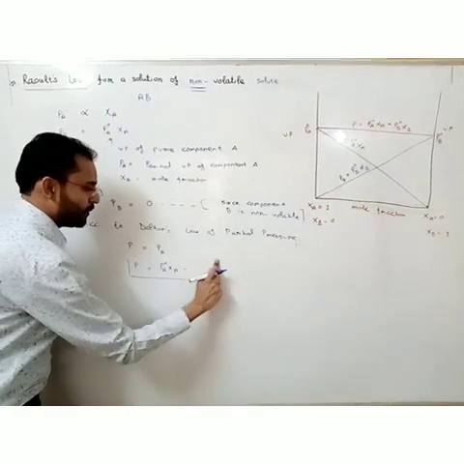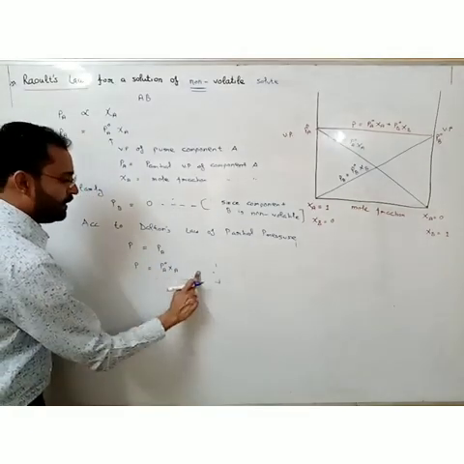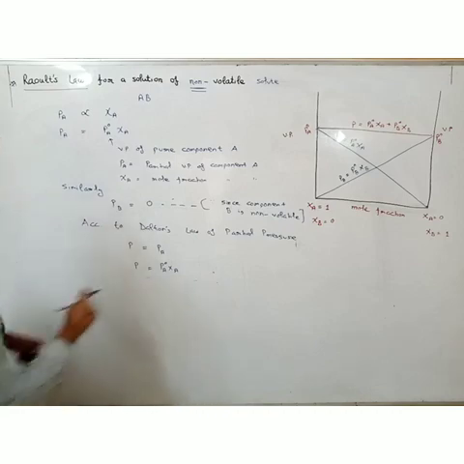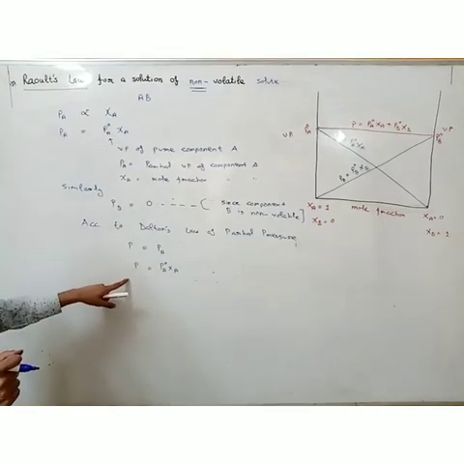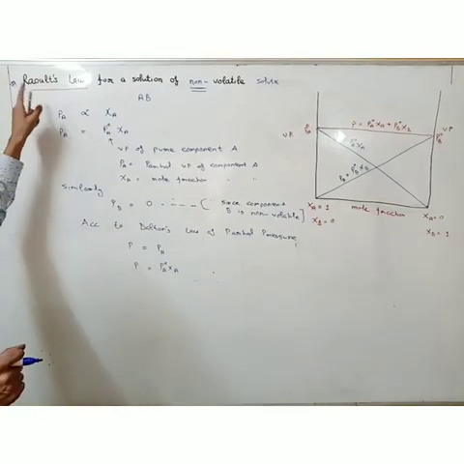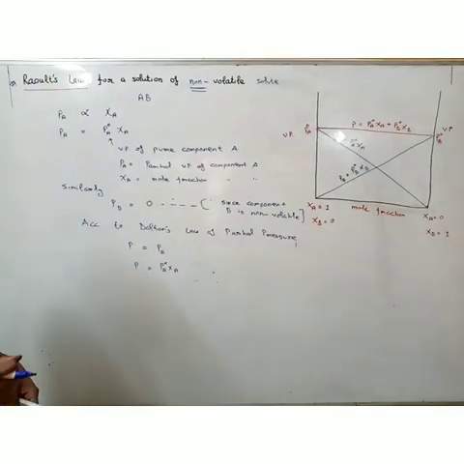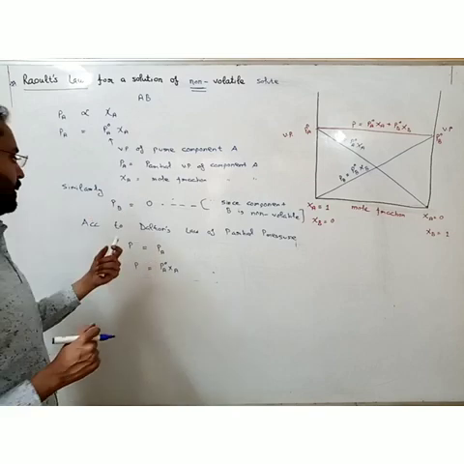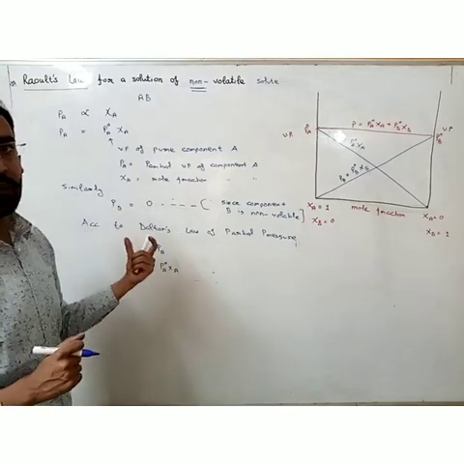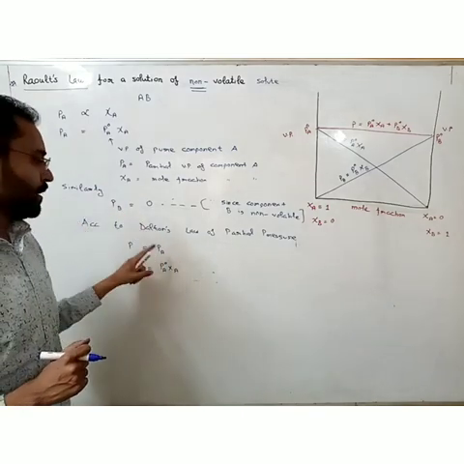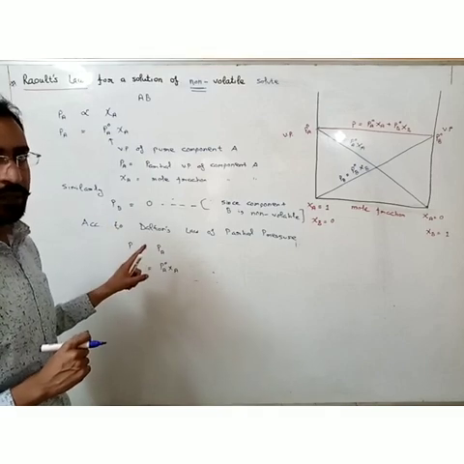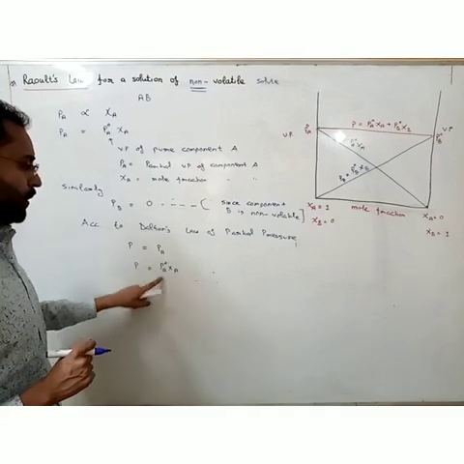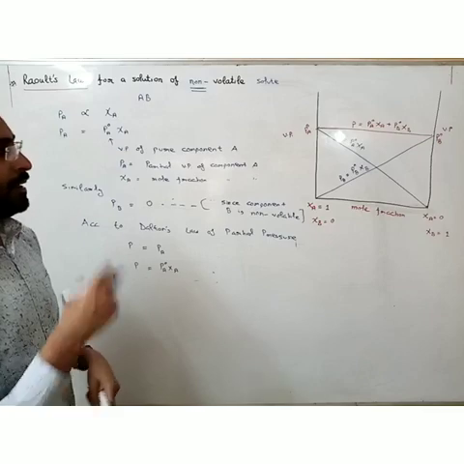Or P is equal to PA naught XA. Again, a solution which contains a non-volatile solute, for that kind of solution, its vapor pressure is equal to partial pressure of component A only. That is, P is equal to PA naught XA.